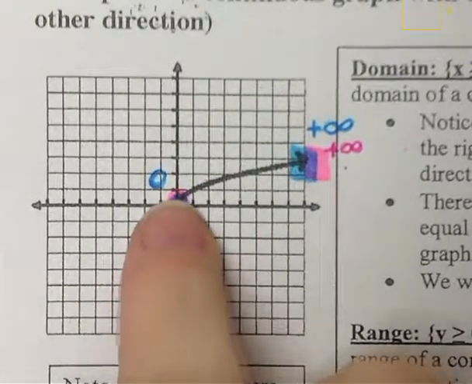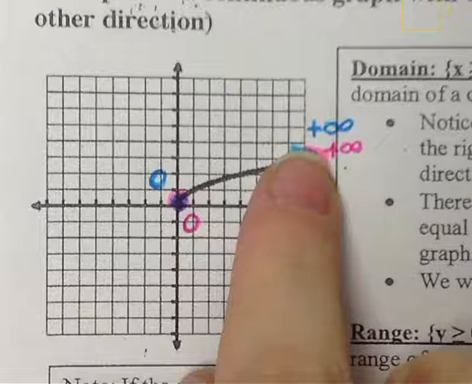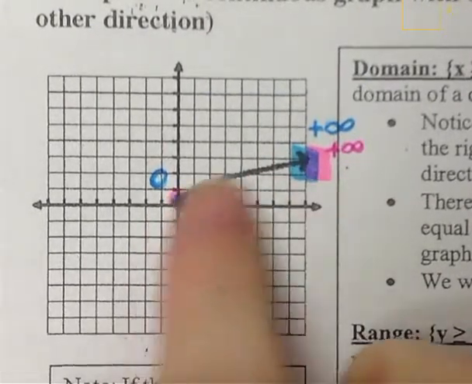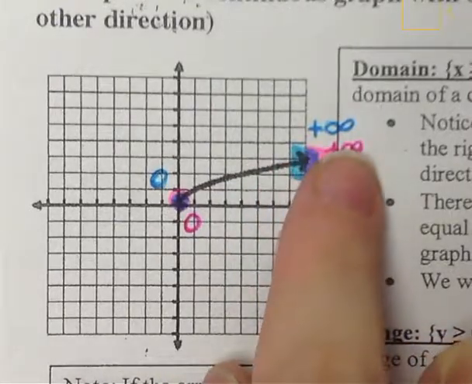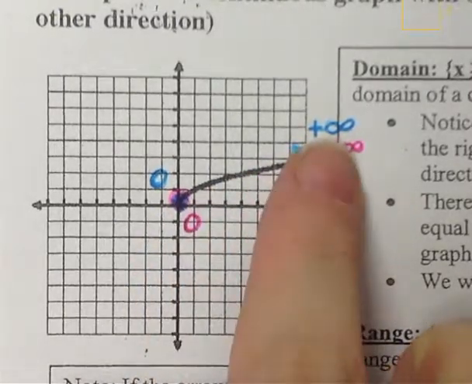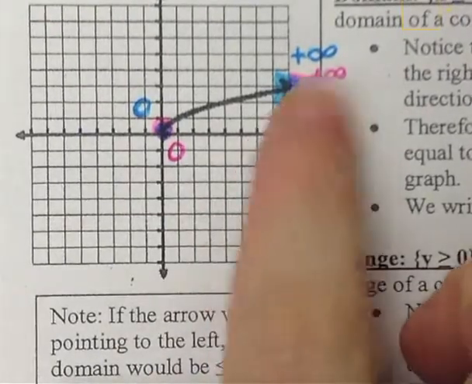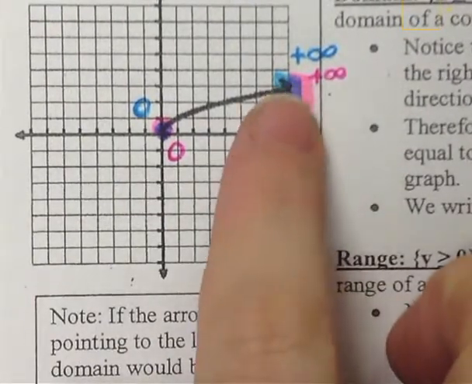So one important note that we do want to put over here, this one we had the arrow pointing up and to the right. So that gave us the up was the range had a positive infinity, and to the right, the domain had a positive infinity. We're going continuously forever in this direction.